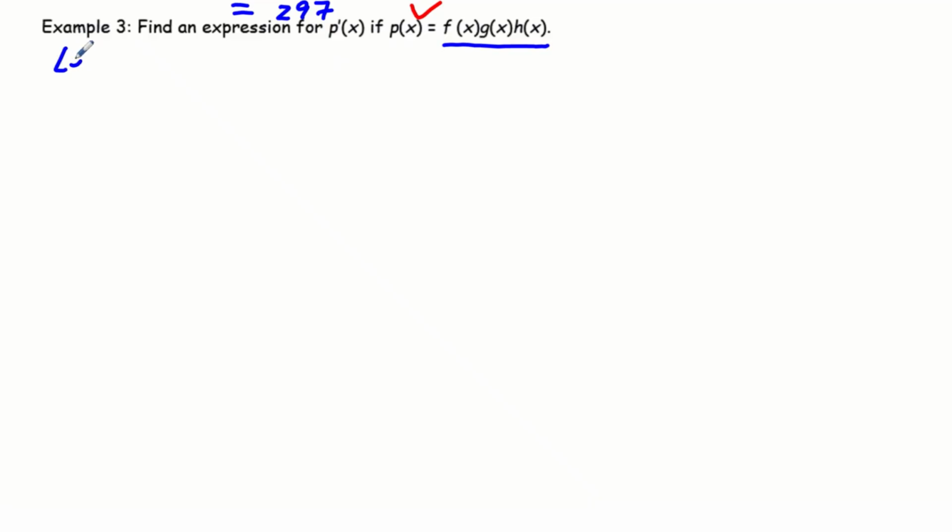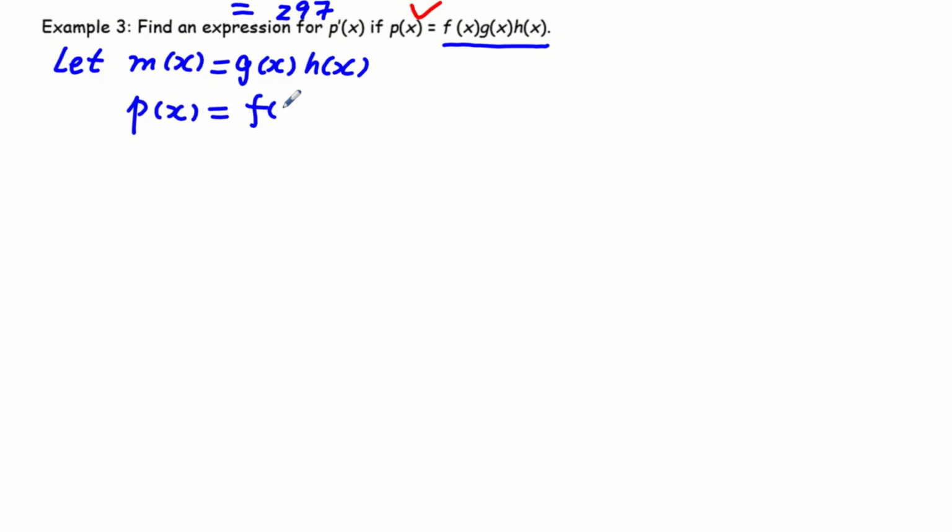So let's introduce another function m at x equals the last 2 multiplied. Then we are able to write p at x equals f at x times m at x. Now we change the 3 functions multiplication to 2 functions multiplication.